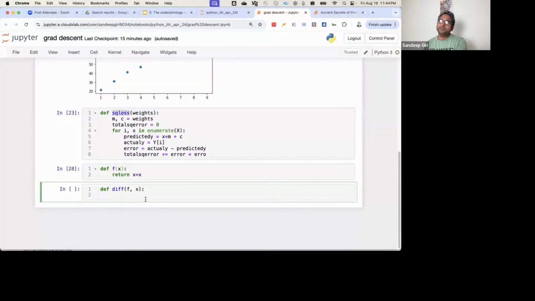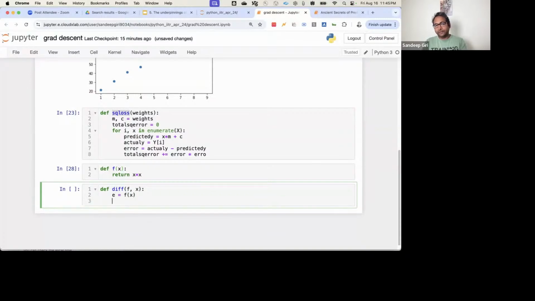Everyone? All we want to do is increase x a little bit and observe the change in outcome. Correct? So let's say the previous outcome was, let's say, E. Everyone okay? And then we increased x a little bit. Let's say x was increased by delta.